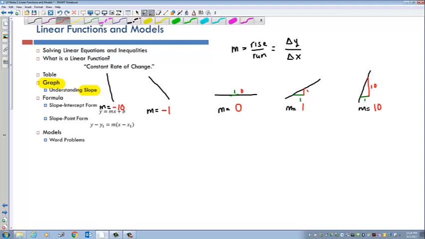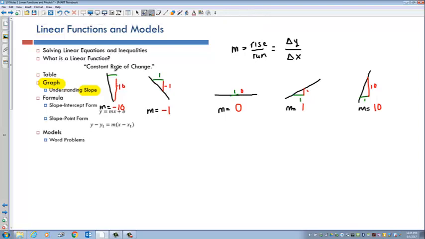This is even a little bit more neat, I think, because if the slope is -1, then you go over 1, and you don't go up, you go down 1, which again, intuitively makes sense. That's why it's -1. You go over 1, you go down 1. What does slope -10 mean? Well, it means if you go over 1, then you don't go up 10, you go down 10. So negative 10.